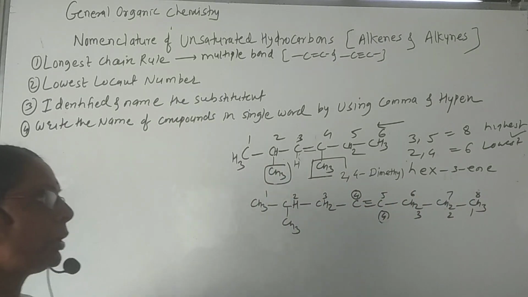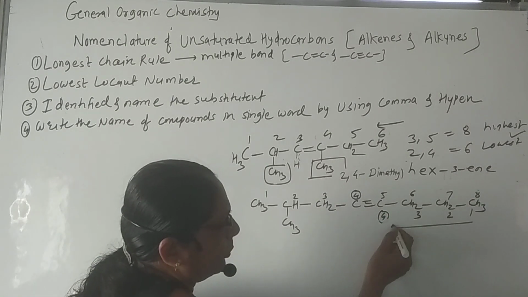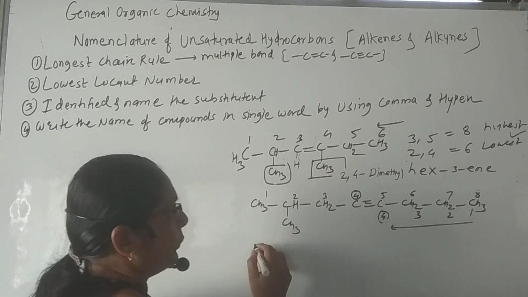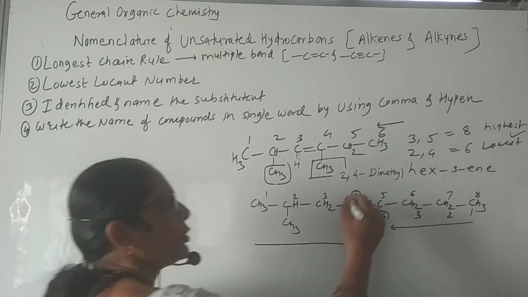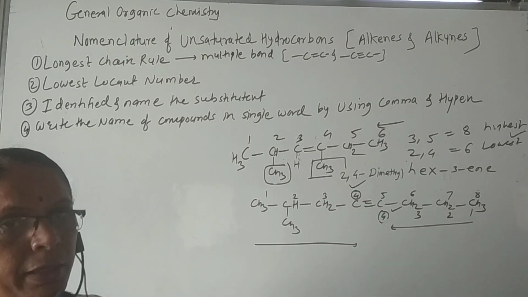Now in this case, look here. Again, if I go from the right hand side, the triple bond is at the 4th position. From the left hand side, the triple bond is again at the 4th position. So again, the multiple bond is equidistant from the left and right hand side.